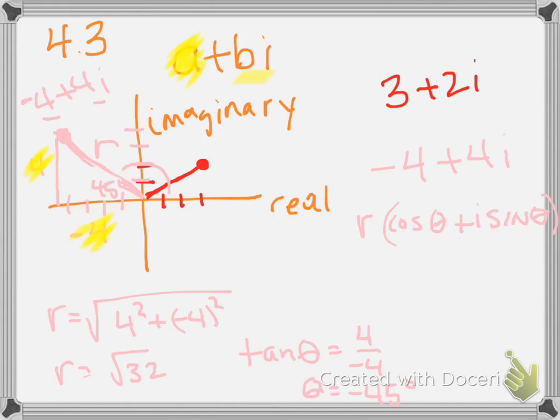I'm even going to change the color so you guys get this. Alright, I know the r is the square root of 32 because that's the hypotenuse. And then using the components 4 and negative 4, I was able to find the angle, which was 135 degrees.